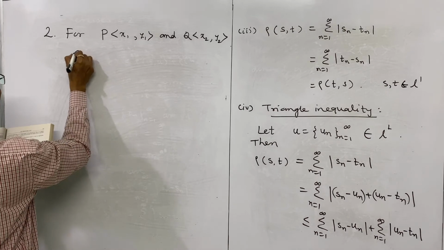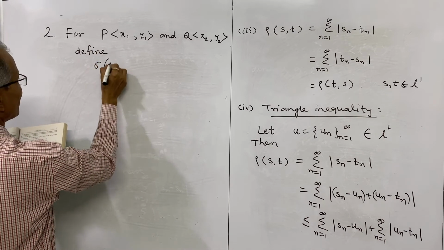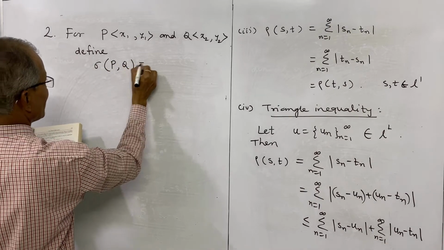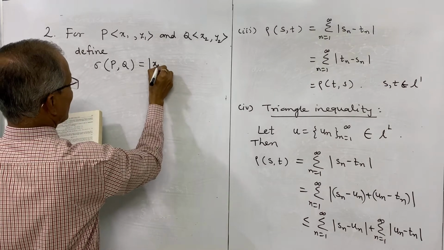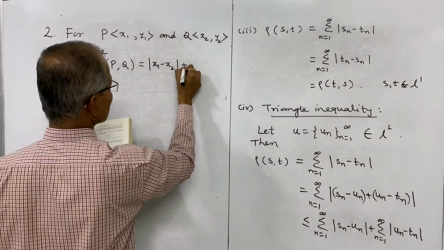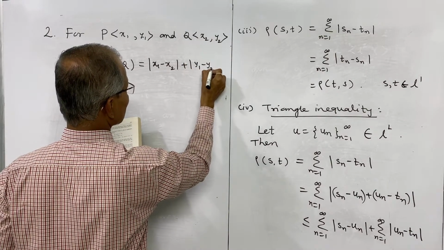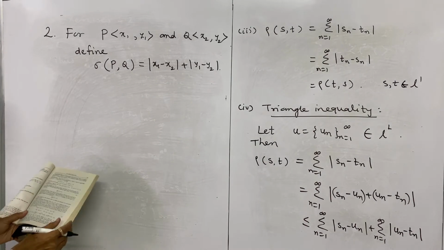Define sigma of P and Q to be equal to the absolute value of x1 minus x2 plus the absolute value of y1 minus y2. Show that this sigma is a metric.